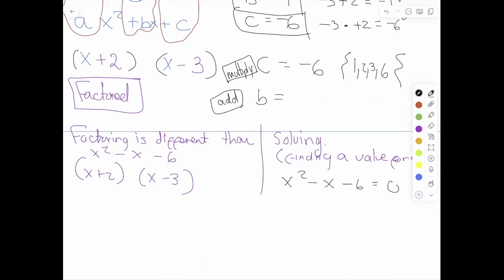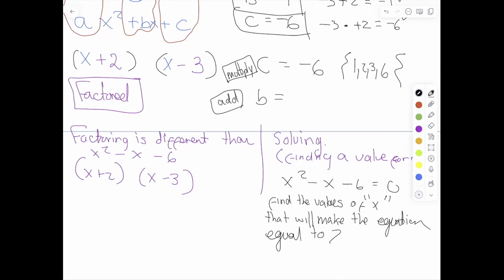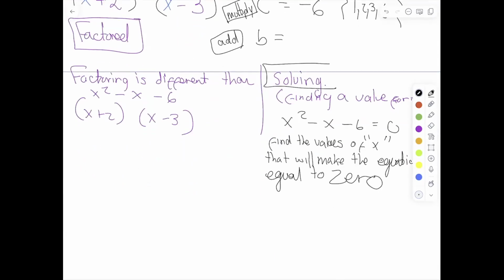But if I'm solving here, I'm going to take x squared minus x minus 6 is equal to 0. You see that? Now this question says, find the values of x that will make the equation equal to 0. This is solving.